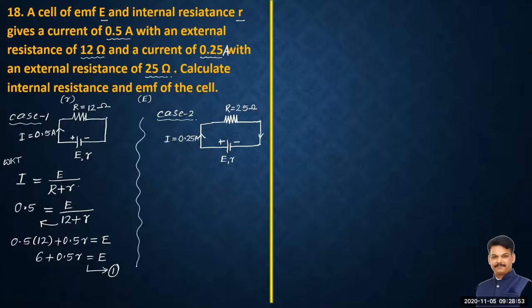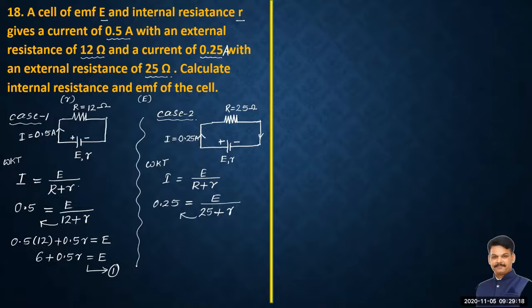Now consider the second case. Use the same formula, I is equal to E divided by R plus r. The current is 0.25 ampere. EMF is not known, external resistance 25 plus internal resistance, don't know.